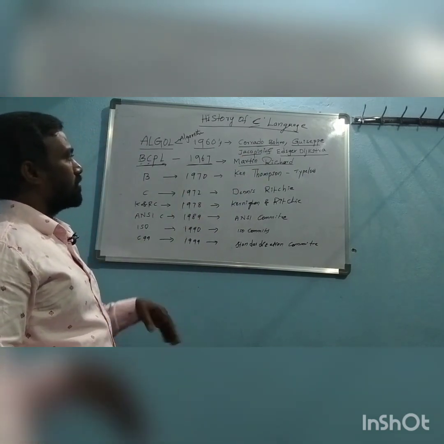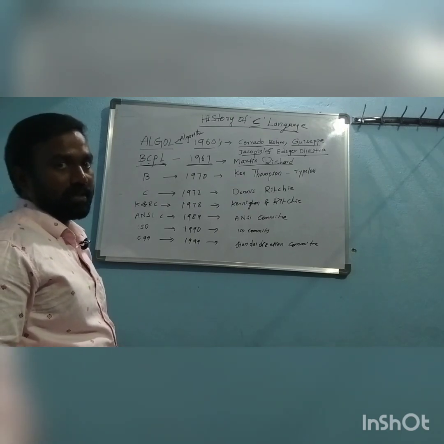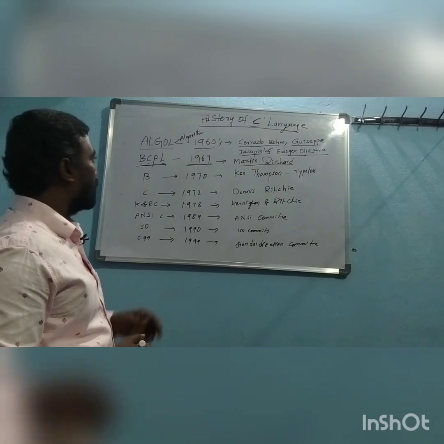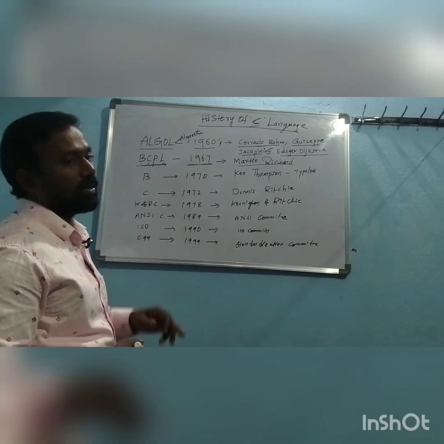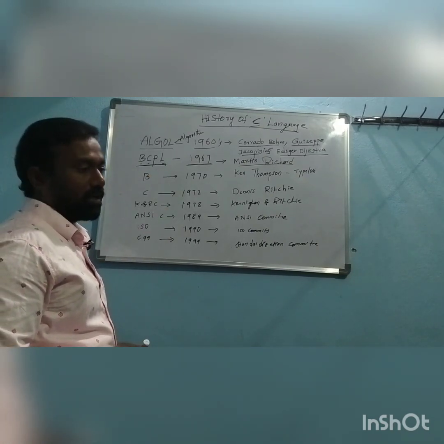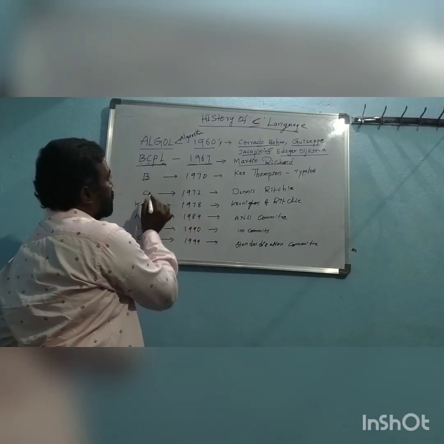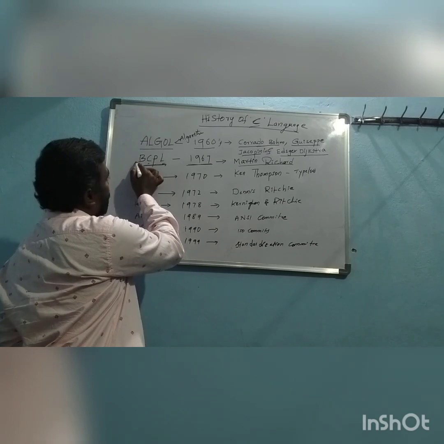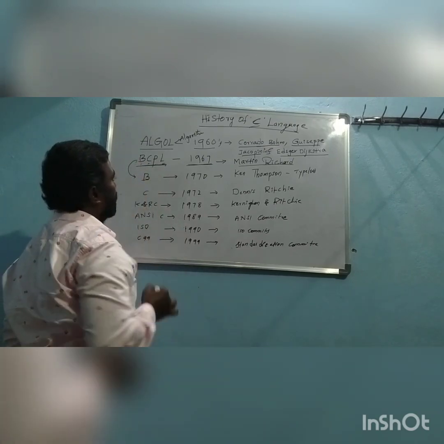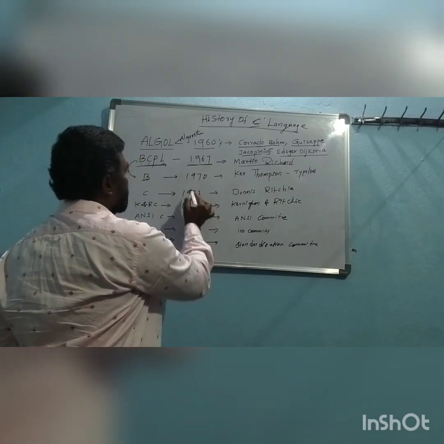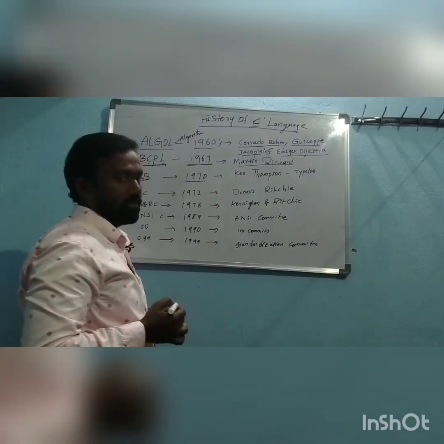Then some additional features were added to BCPL, and that was named B, in 1970.